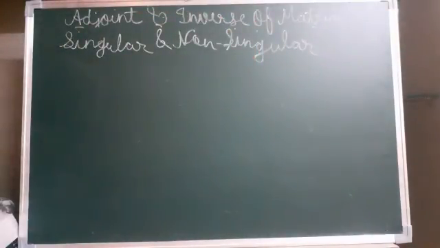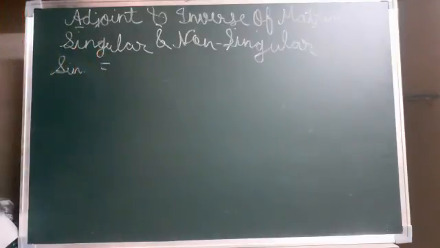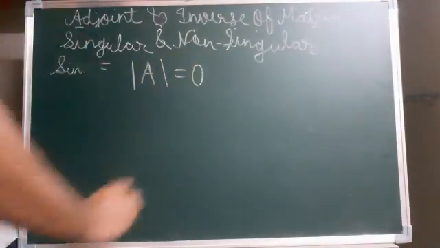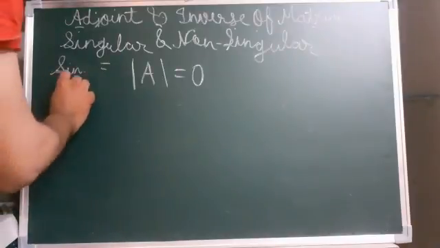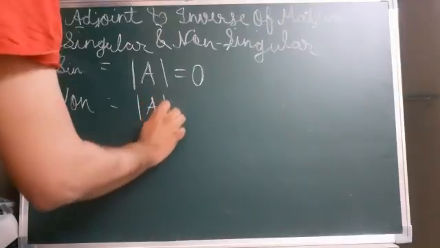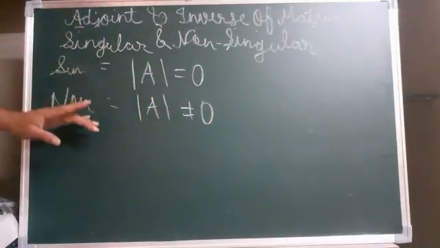What is a singular matrix? If the determinant of A is 0, then it is a singular matrix. And what is a non-singular matrix? If the determinant of A is not equal to 0, then it is a non-singular matrix.